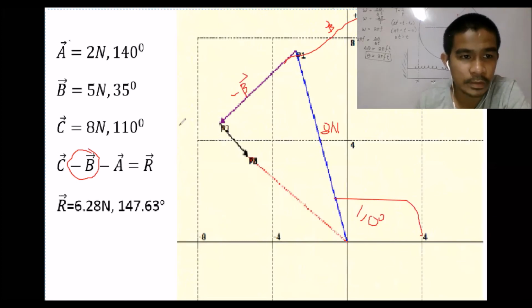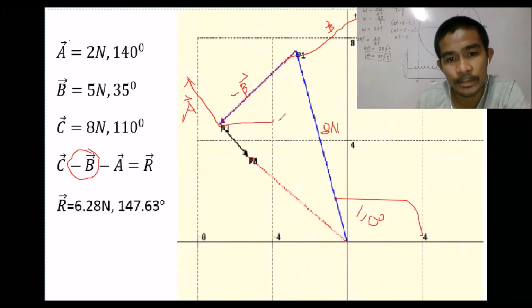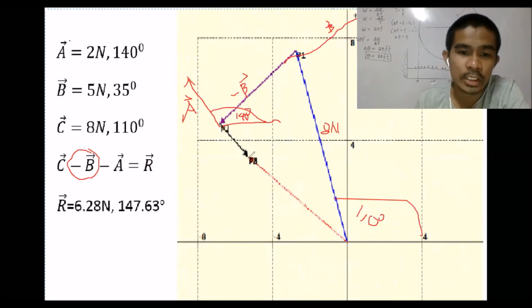And then we have the last vector, vector A, which is 140 degrees. Instead of going at that direction, 140 degrees from positive x-axis, it goes to the opposite direction, at this direction. So this vector here is negative vector A.